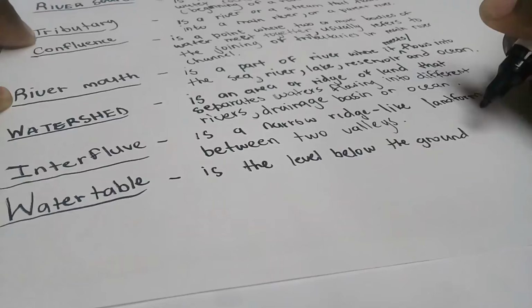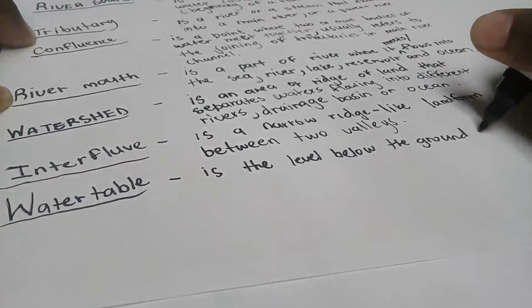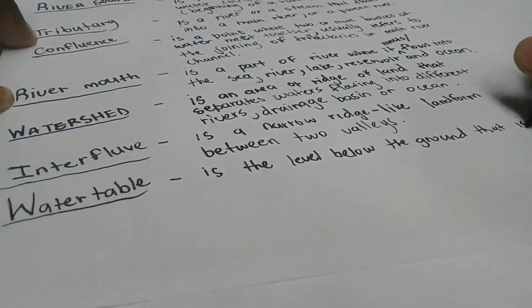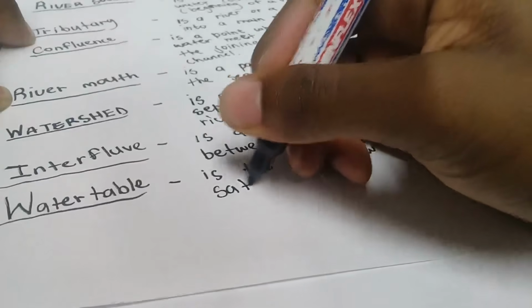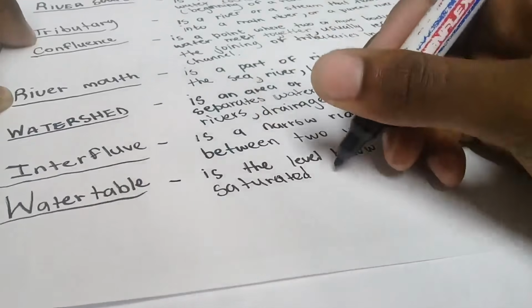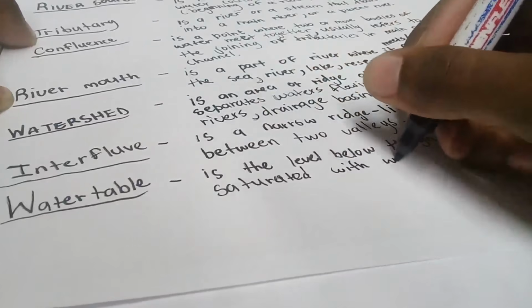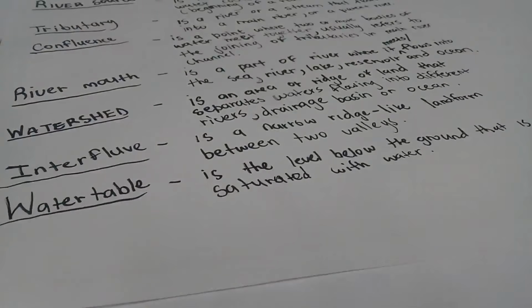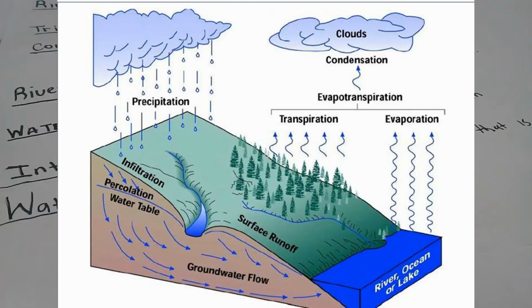So that's a water table: the level below the ground that is saturated with water. As you can see in the diagram, it's just a level below the ground that is saturated with water.